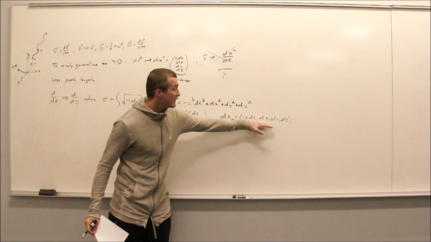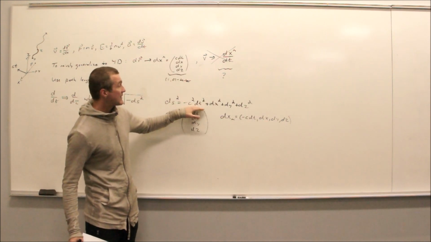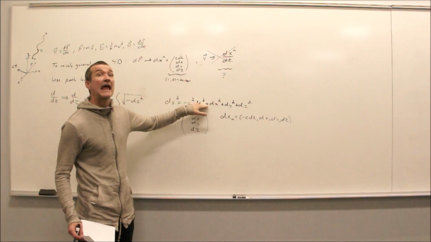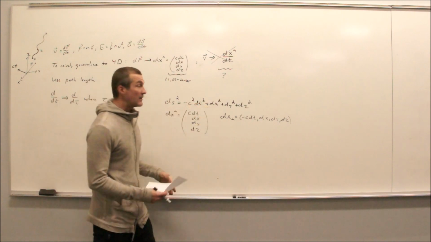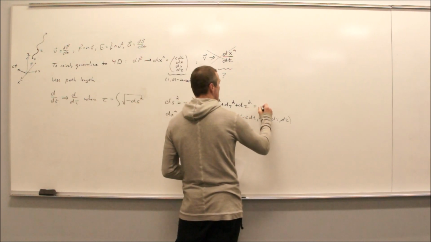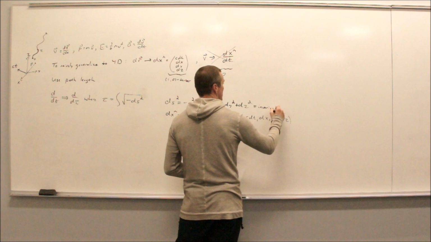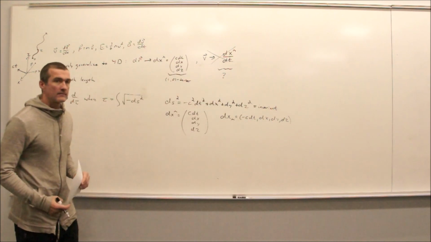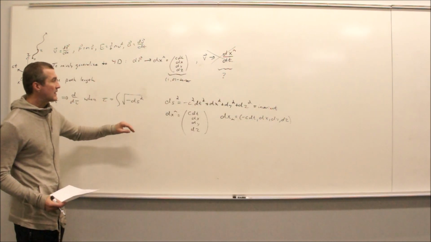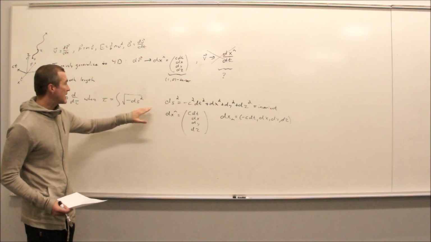And then I just multiply this row vector times this column vector, and that gives me this. And this is invariant. Exactly. Okay? So ds squared is invariant.